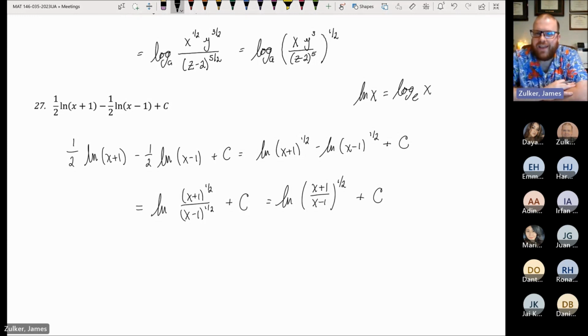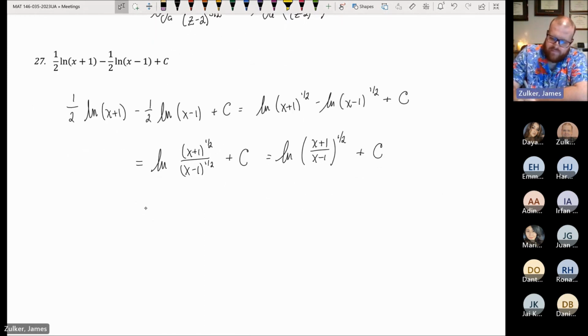Writing ln is the same as writing log base e of x. There is still something we can do.